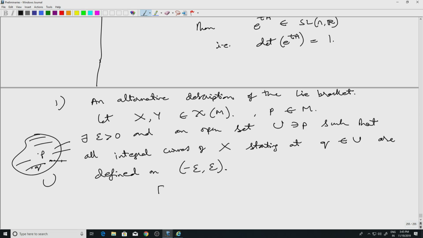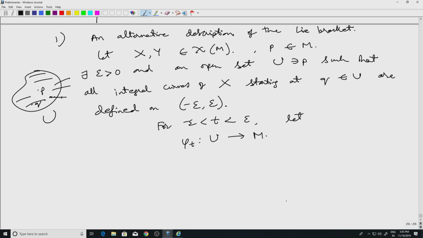So for t, let phi t be the flow map of X.